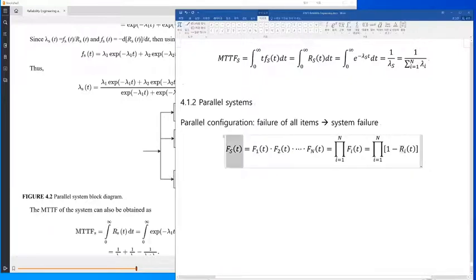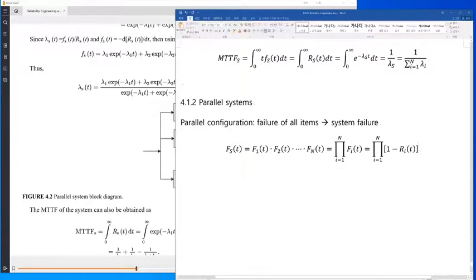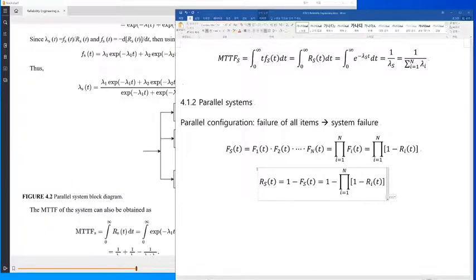So how can we calculate the reliability of the system? It is given as 1 minus F_s(t), 1 minus the failure probability, and therefore it is given as 1 minus the product of 1 minus R_i(t)'s. So that's equation 4.6 and 4.7.